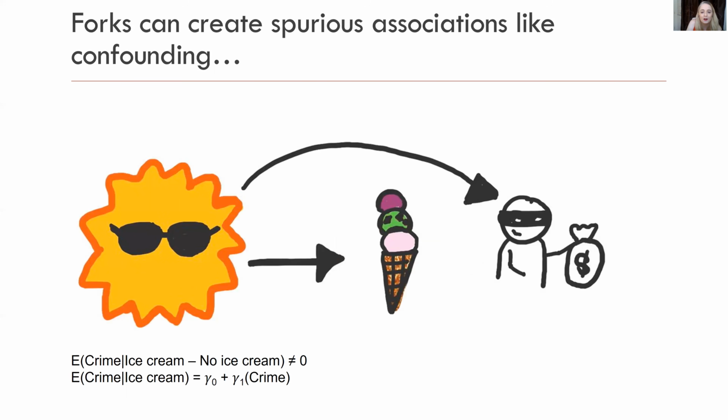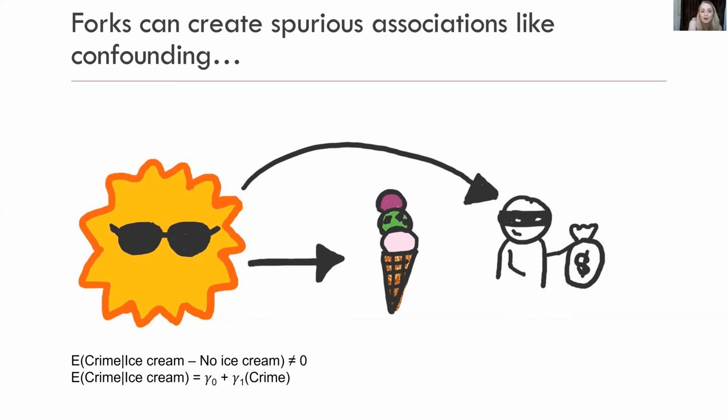The next type of scenario we can have is what we call a fork. So you can see here that at the sun, the arrows are forking, and one arrow is going forward to ice cream. The second arrow is going forward to crime. Forks like this can create the potential for spurious associations like confounding.